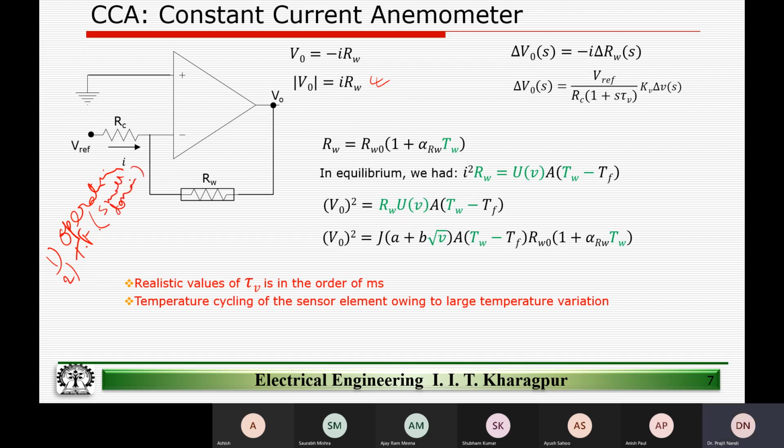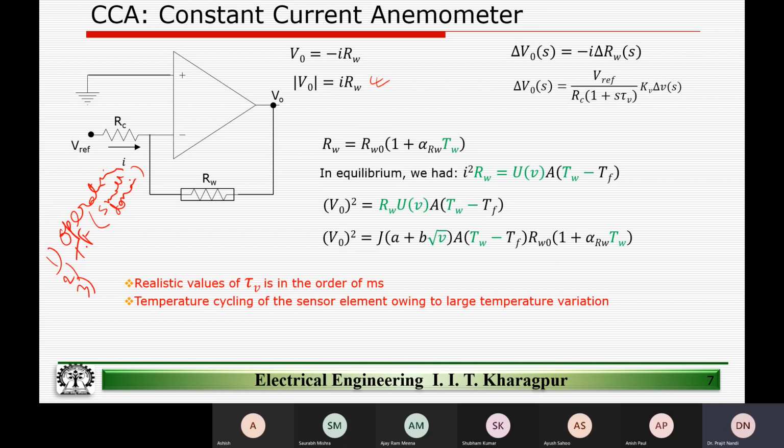So distinguishing between the small signal domain and the absolute equations, that is the second thing that we learned. Third, we learned to derive, from a given sensor system, how we can represent the system in a block diagram.